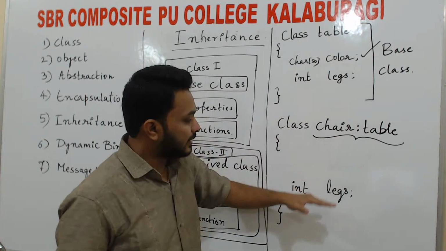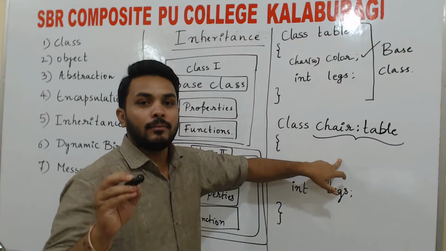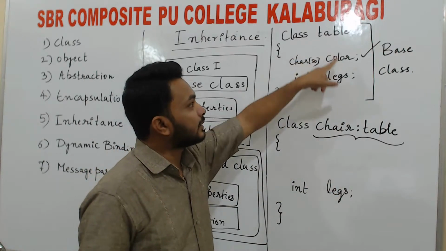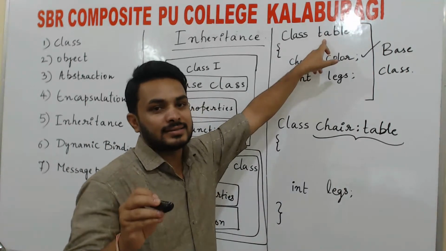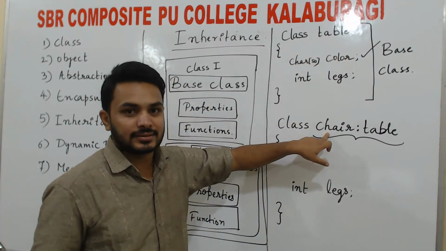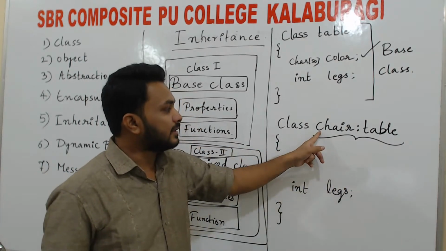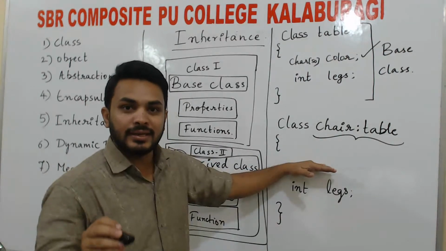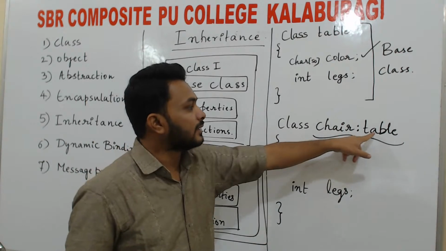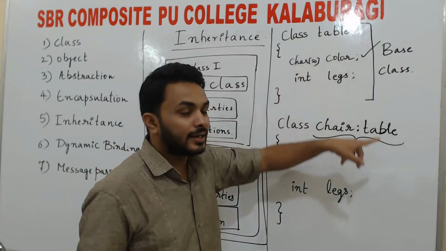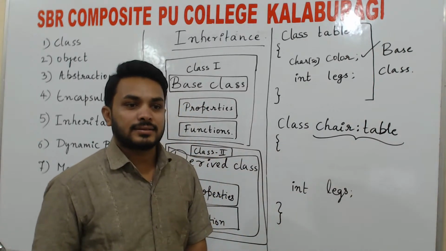We didn't write a color property in the chair, but whatever properties you write inside table are automatically inserted into the chair class. So we are automatically accessing the color property inside the chair because of this inheritance, by taking the two dots and the table class.